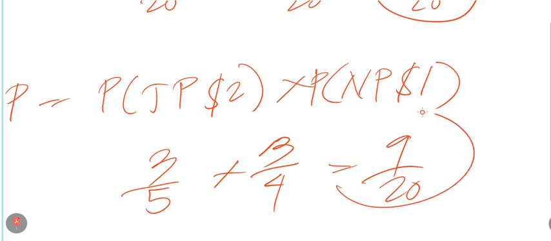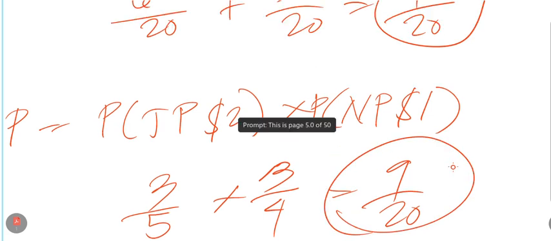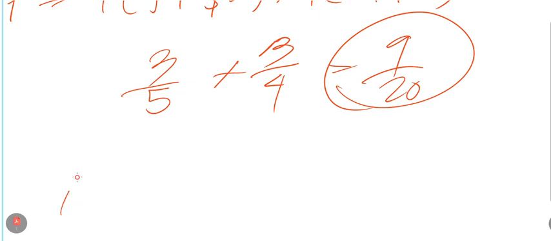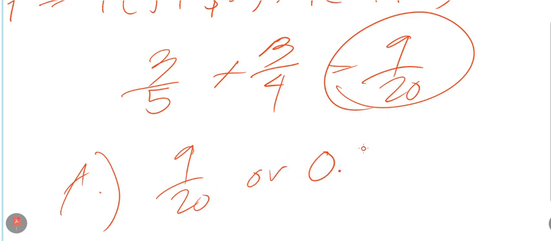So the final answer is 9 over 20, or 0.45, or 45%. Okay, we're done.